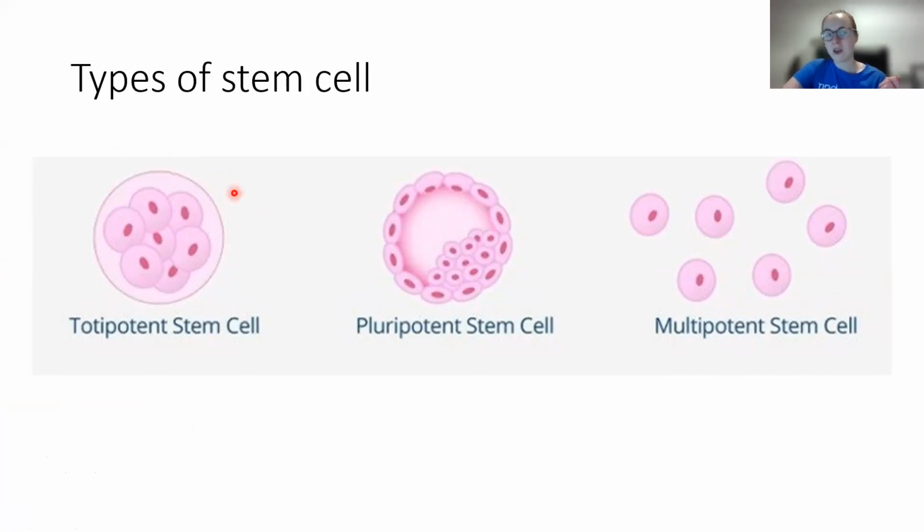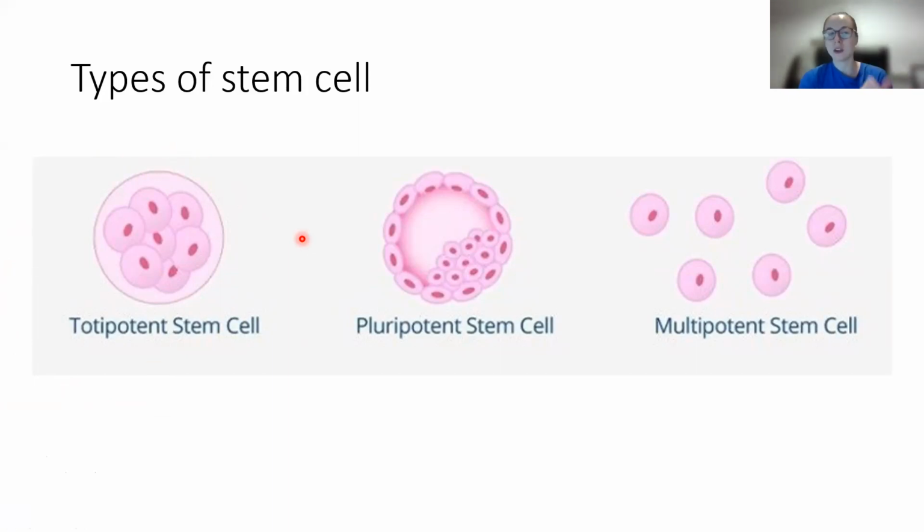So this stem cell has the ability to differentiate into any type of cell in our body, any type of cell whatsoever. It can also differentiate into cells that will make up the placenta. When you're developing, you've got the fetus, the baby, the umbilical cord, and you're attached to the placenta.